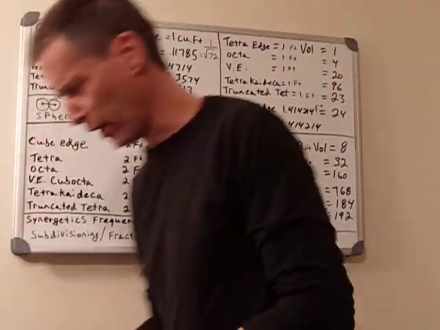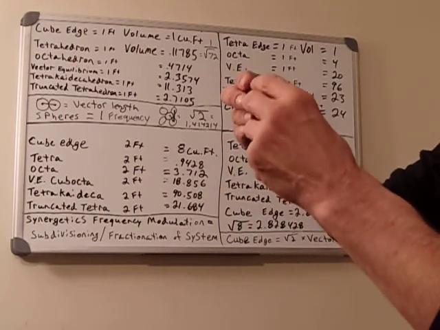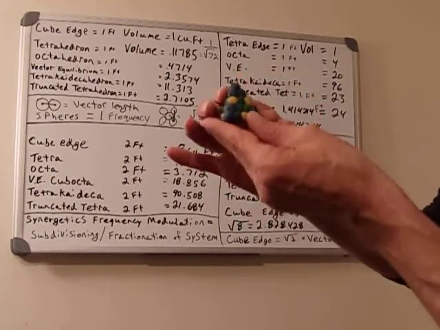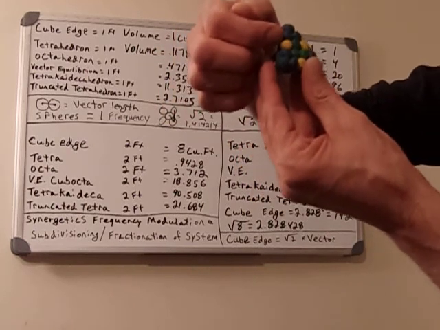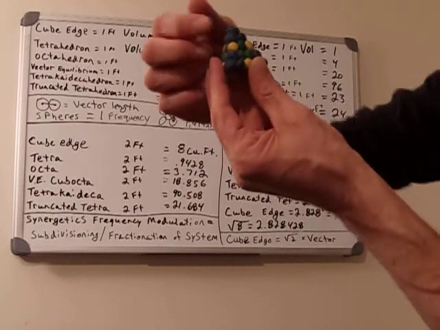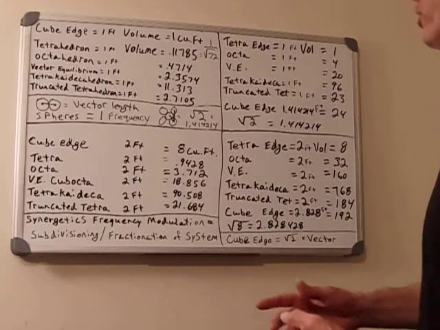You remember from the other lectures that the intervals between the spheres count the frequency of the polyhedron. This, for instance, is a 4-frequency tetrahedron with 1, 2, 3, 4 intervals, or frequencies of subdivisioning or fractionation of the system.